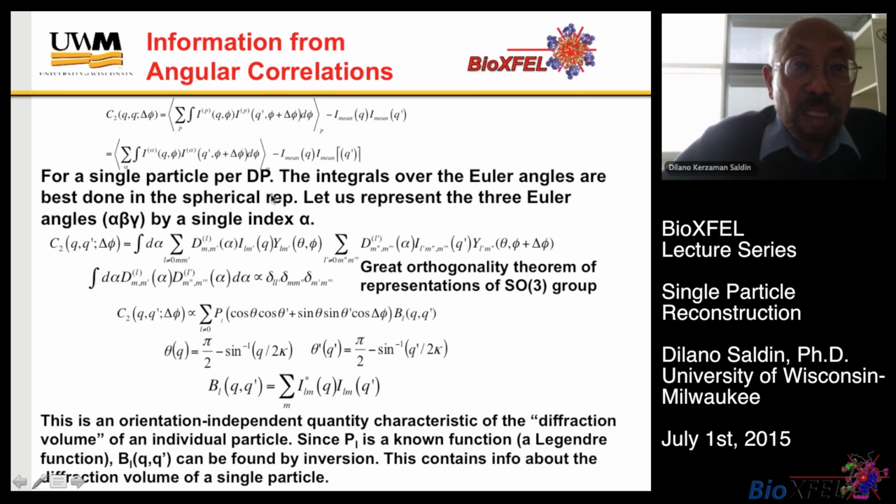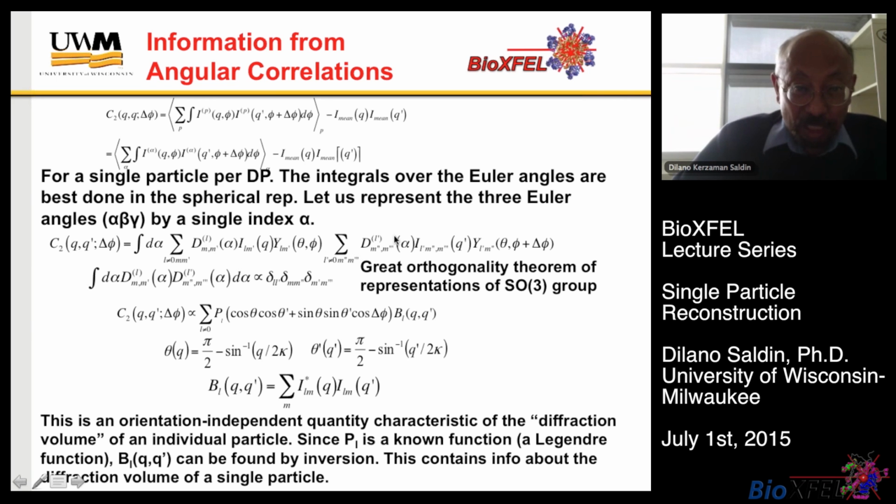Okay, so let's calculate these quantities. The angular correlation function will consist, in general, of the intensities on any one particular diffraction pattern multiplied by a Wigner rotation matrix multiplied by the intensity at another position on another diffraction pattern.